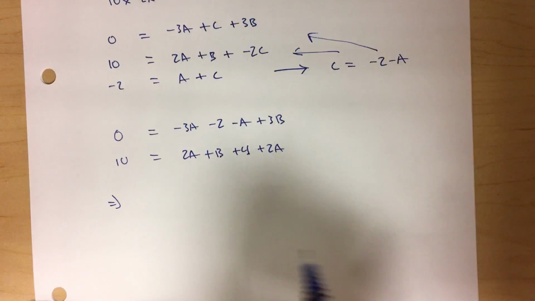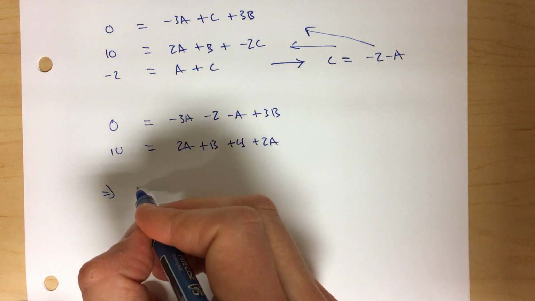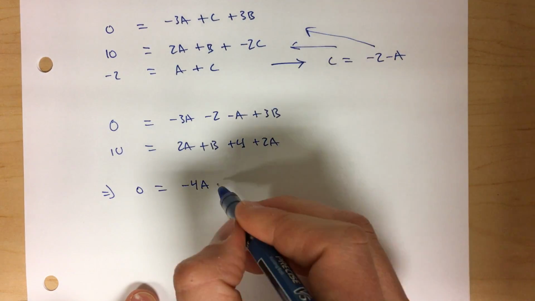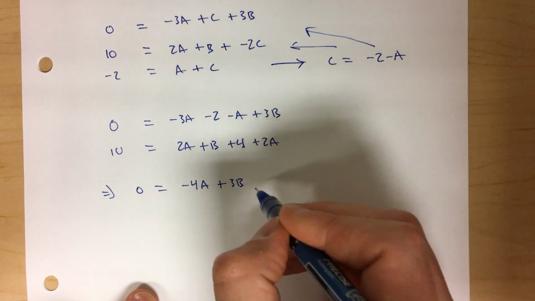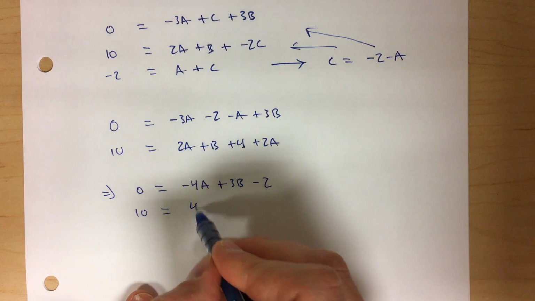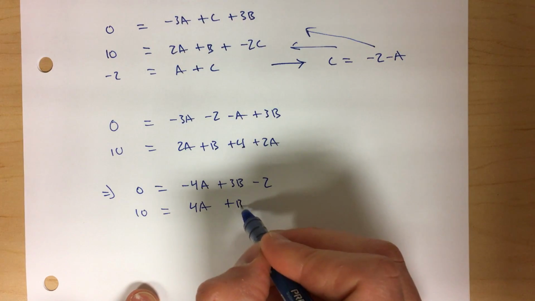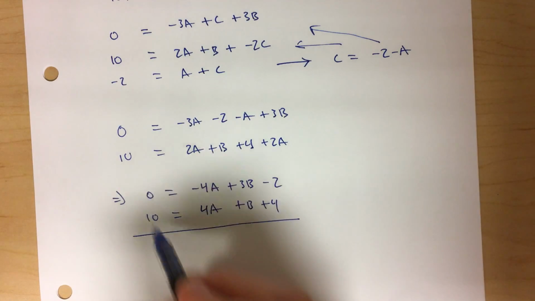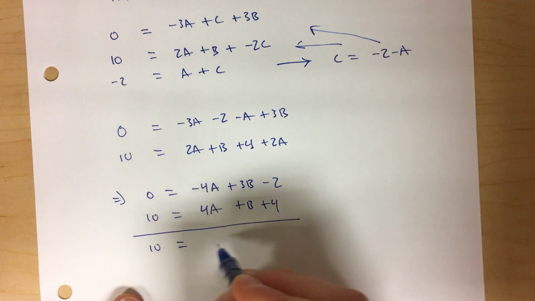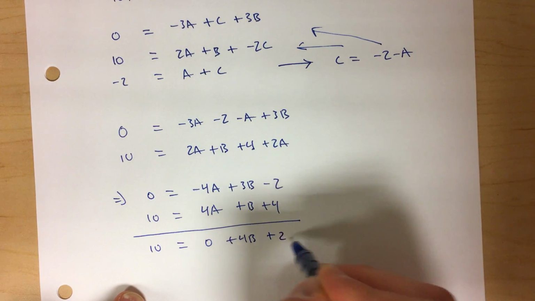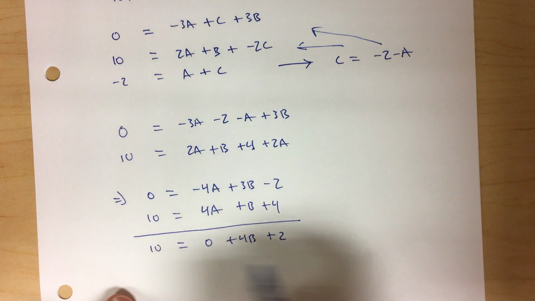So that gives me 0 is equal to negative 4a plus 3b minus 2, and 10 is equal to 4a plus 3b plus 4. Now if I add these, I get 10 equals 0 plus 6b plus 2. This is a little sloppy, but it makes sense, and I'm going with it.